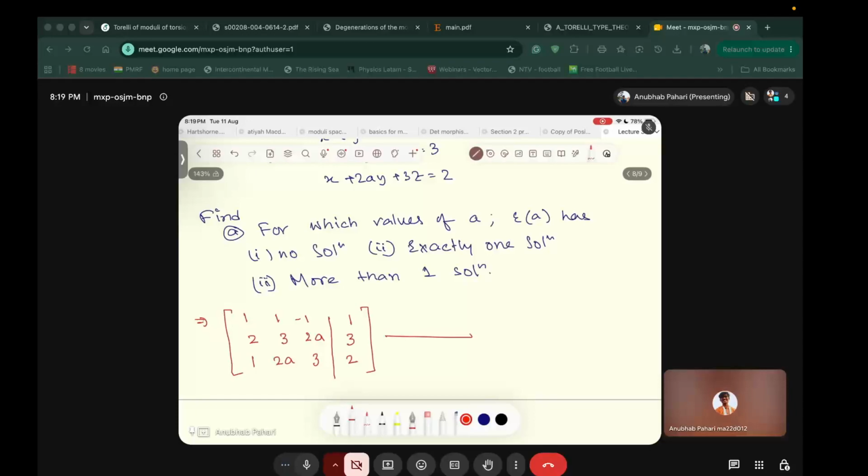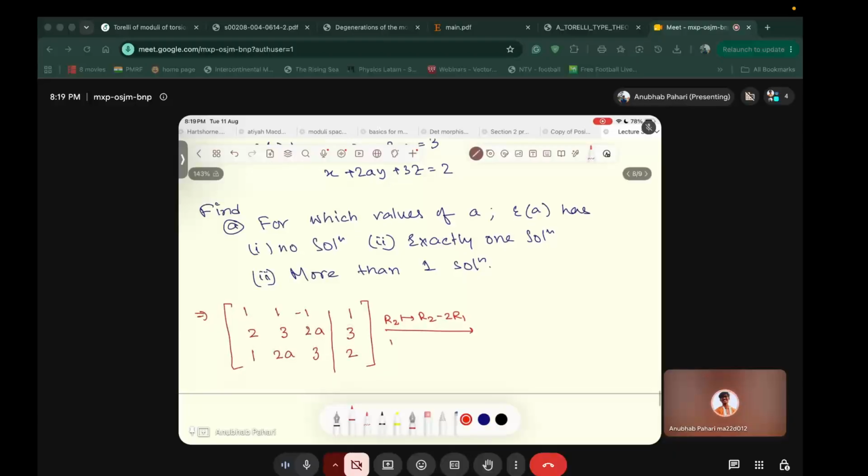Then if you replace R2 by R2 minus 2R1 and replace R3 by R3 minus R1, we'll get 1 1 minus 1 1, 0 1 2a plus 2 1, 0 2a minus 1 4 1.